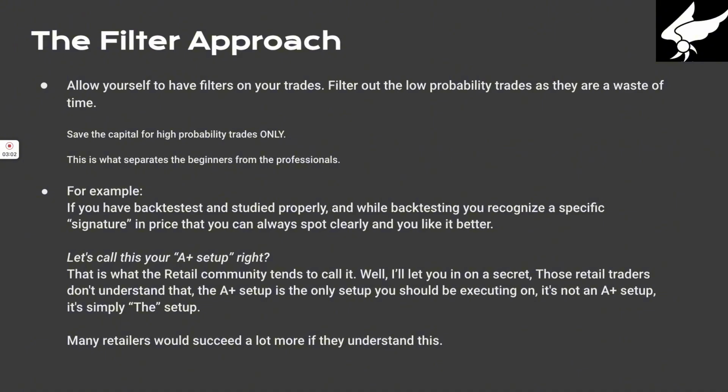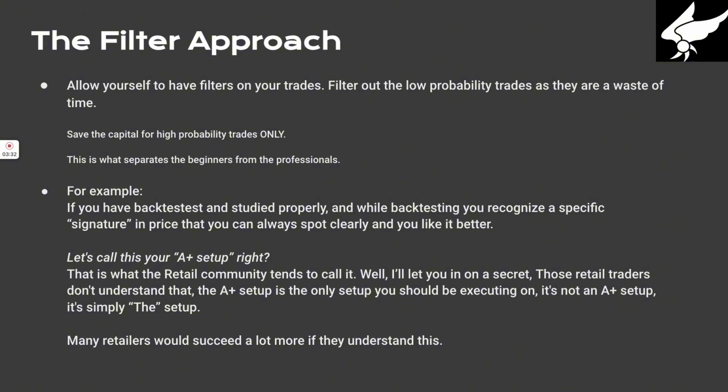Let's take an example, as you may not understand what I mean. If you have backtested and studied properly, and while backtesting you recognize a specific signature in price that you can always spot clearly, visibly, it's always there, and you just naturally like it better. Let's call this your A+ setup, right?